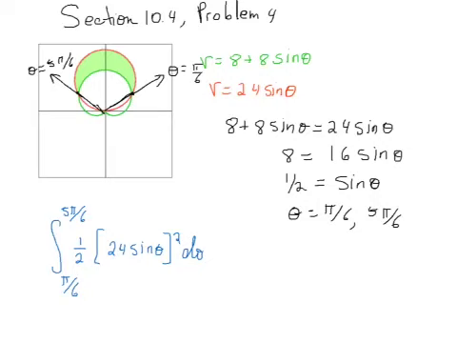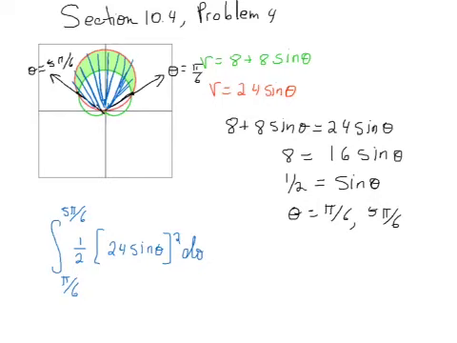I get the area of the region between those two black rays that goes out to the red curve, the circle r equals 24 sine theta. So I get this region that I've shaded in blue.